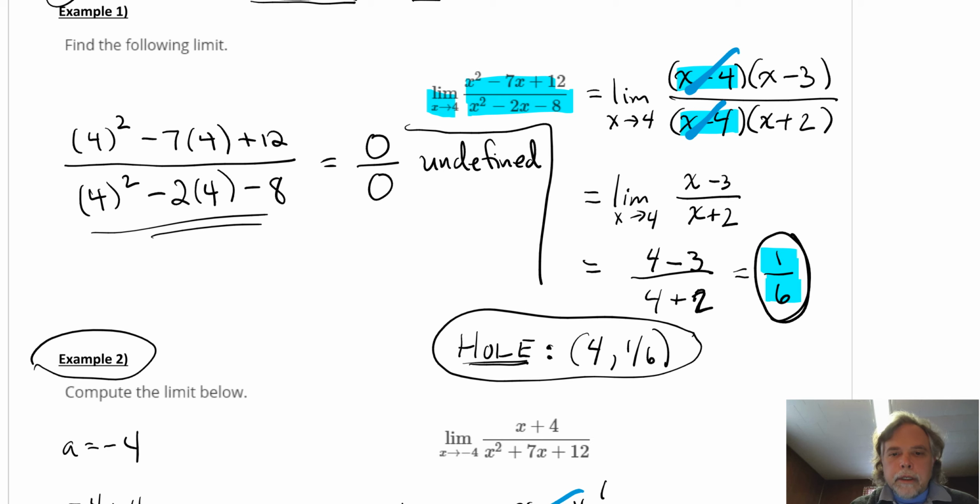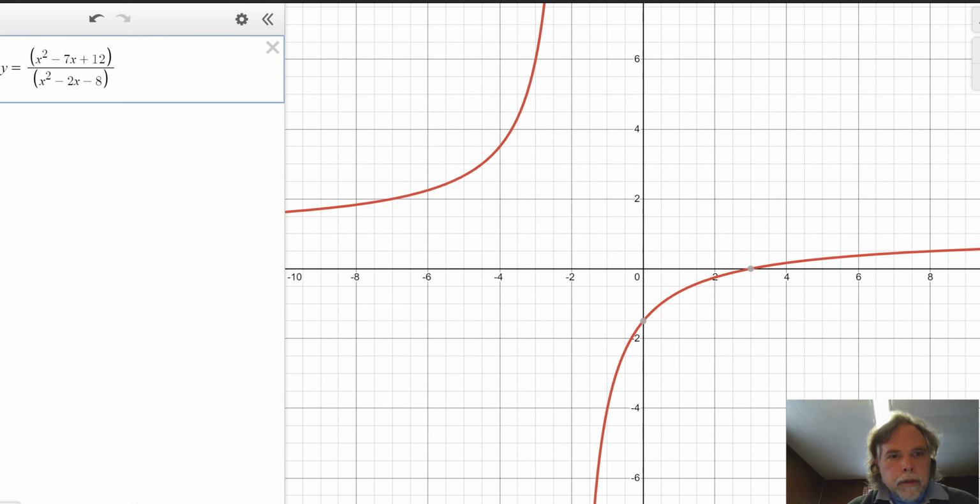If we go ahead and take a look at the graph of this function, remember our hole is at (4, 1/6). In a graphing calculator or this program, it doesn't show up. But if I can get the cursor right, click right on when x equals 4, it should with this program. So there's a hole actually in the graph right here. It's not a continuous graph right there.